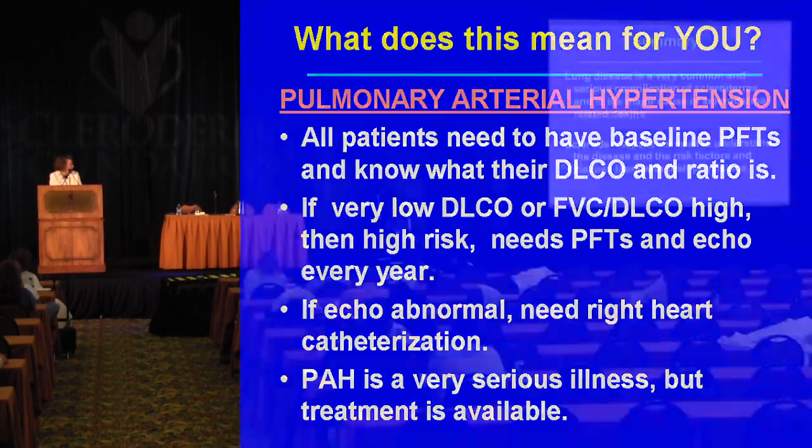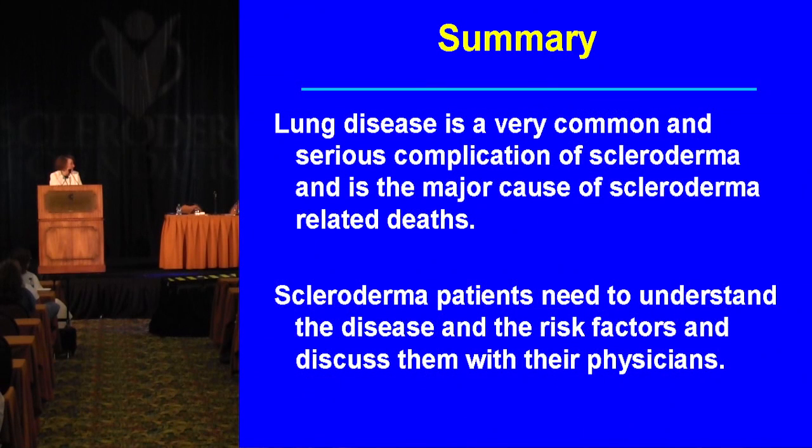So in summary, lung disease is very common and a very serious complication of scleroderma and is the major cause of death in scleroderma patients. Scleroderma patients need to understand the disease and the risk factors and to discuss them with your physicians.